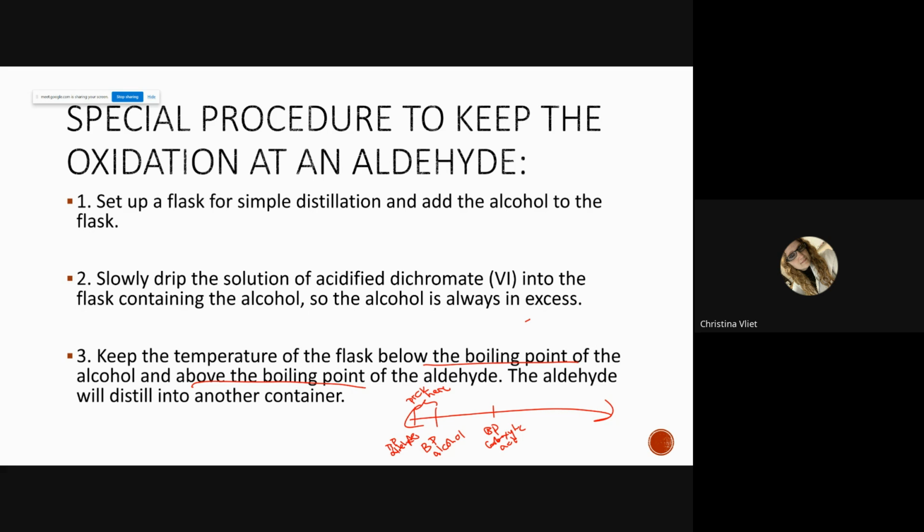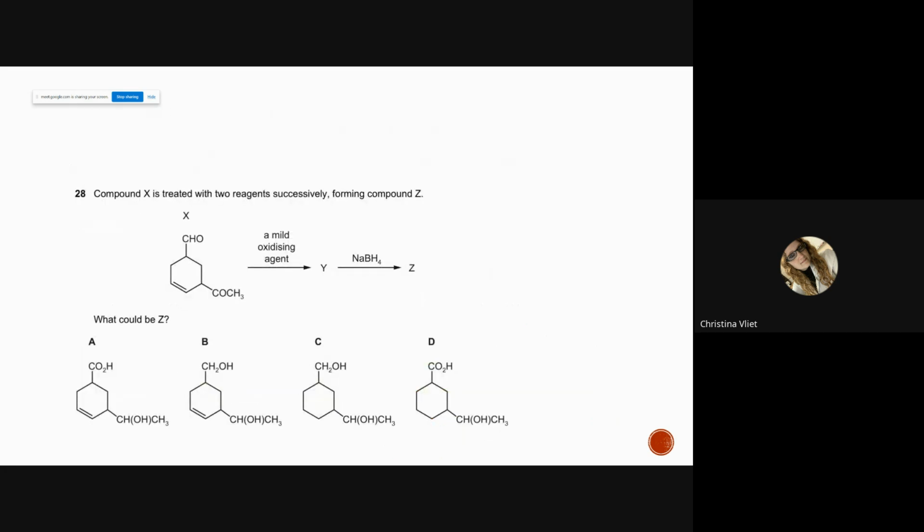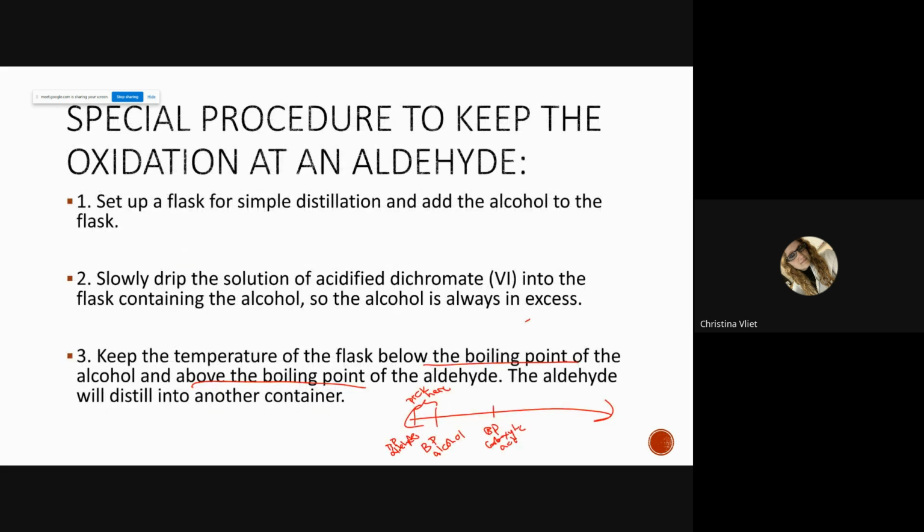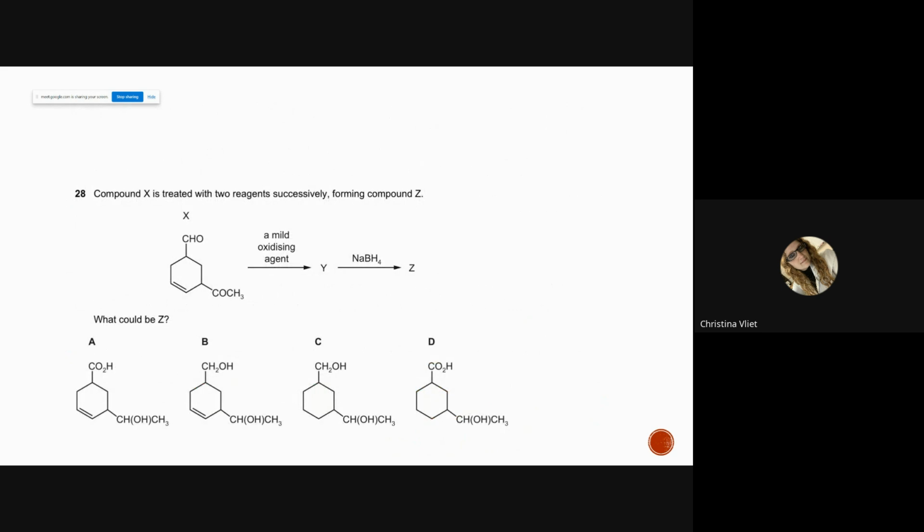You have to pick it to be higher than your aldehyde but less than your alcohol or your carboxylic acid. That's the idea. So boiling point of the aldehyde lowest, then alcohol, then carboxylic acid. This is a very, very specific procedure that could be worth a couple of marks on a paper if they decide to ask about it. And it can also show up as just the word distill in a question. So if they say distill, it means the aldehyde stays as an aldehyde at that point. So let's take a look.